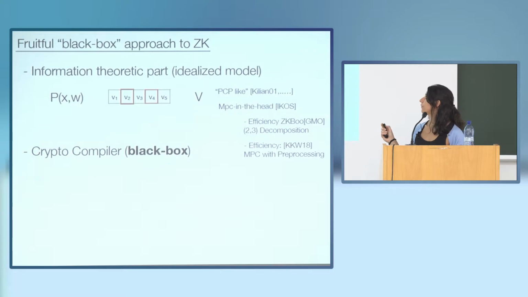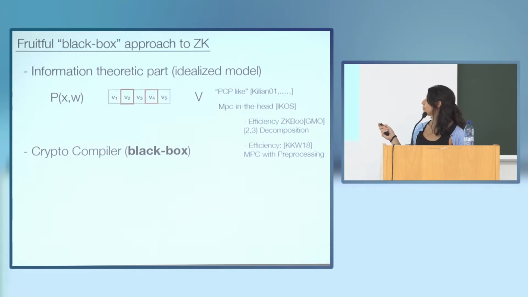For example, Claudio observes that instead of using some general GMW or BGW, you can craft your own MPC. You can look at 2-3 decompositions, which are perfect for the purpose of MPC in the head, and this will lead to more efficient zero-knowledge proofs.